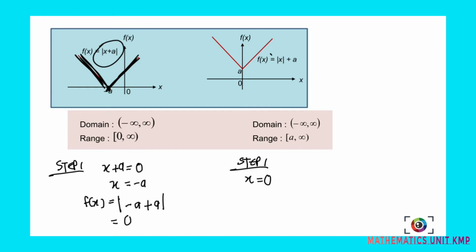Okay, and then sub balik, f(x) equals modulus 0 plus a. So dapat a. So that's why the coordinate of the vertex is (0, a). f(x) is the value of y. And then same, because the modulus is positive, you tarik bentuk V ke atas. Faham?